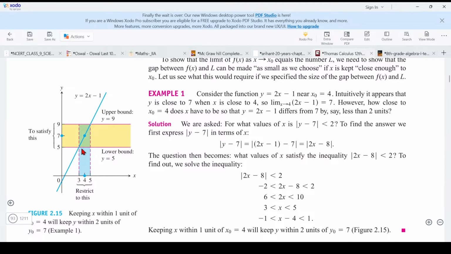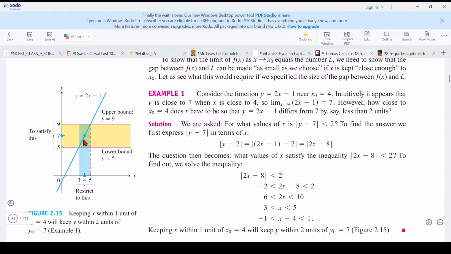Now what I am saying is, you define some values of x such that your values of y should lie between 7 plus or minus 2. You got my question? Your y value should lie between 7 plus or minus 2. Then tell me what values of x you have. Then you can say x is plus or minus 1.